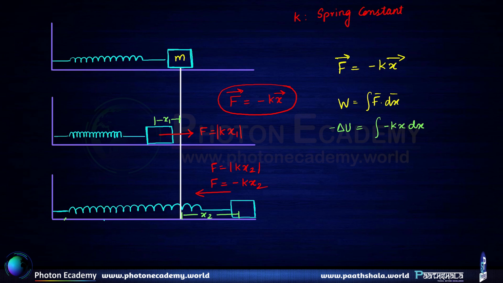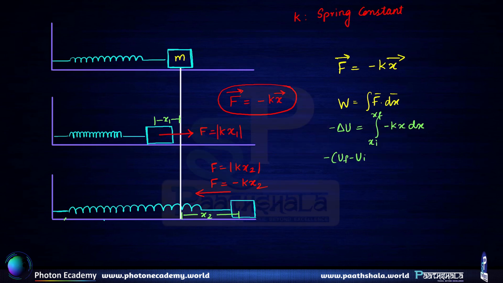Let us say from x initial to x final, the displacement occurred. So minus delta U is Uf minus Ui. This is going to be equal to minus of half k x final square minus half k x initial square.